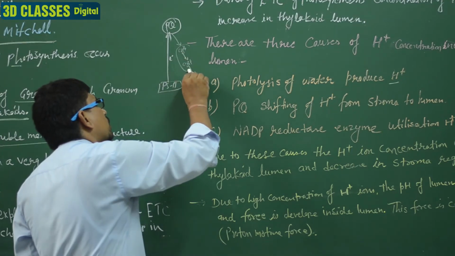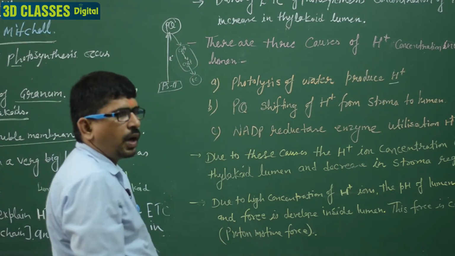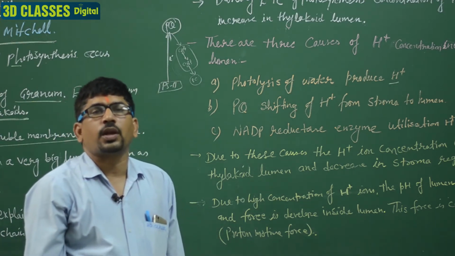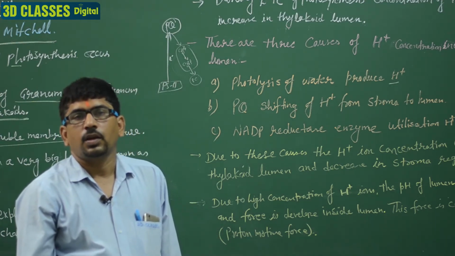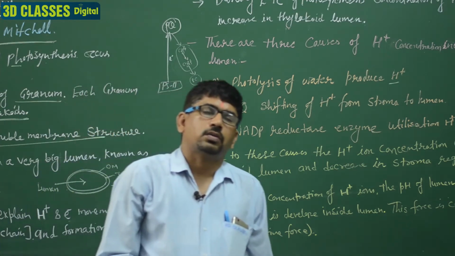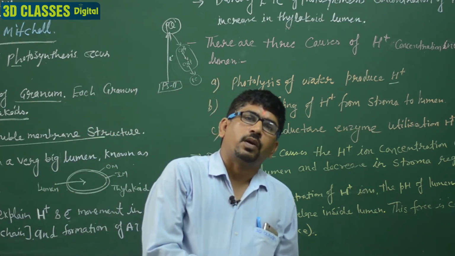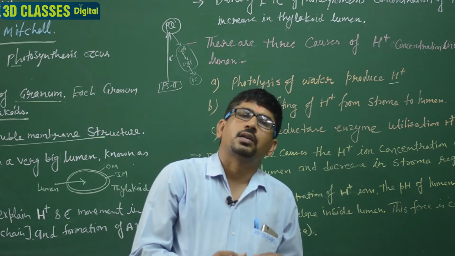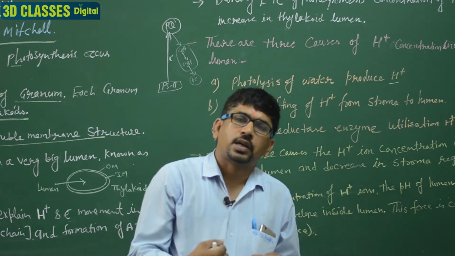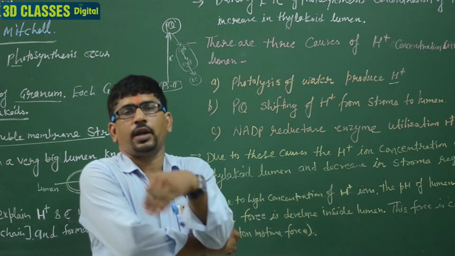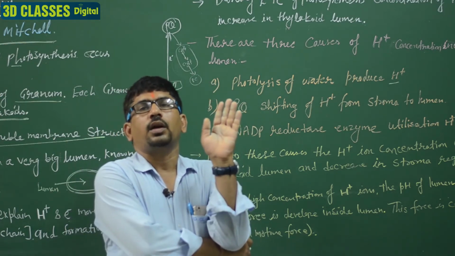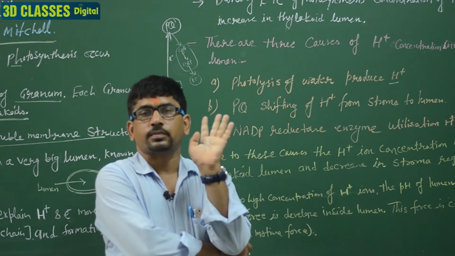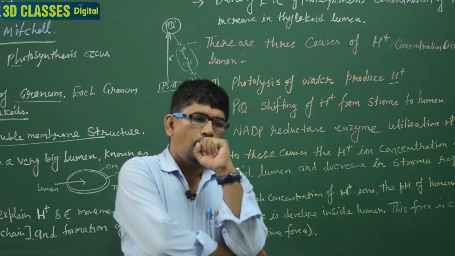In this region from cytochrome b6 to cytochrome f, the electron carrier is present but the proton carrier is not present. So the electron and the proton both run inside the thylakoid lumen, but inside the lumen the electrons move again to the plastocyanin, while the protons remain present inside the thylakoid lumen.